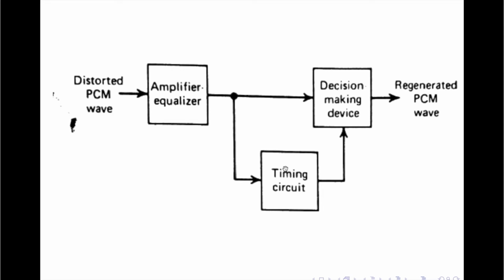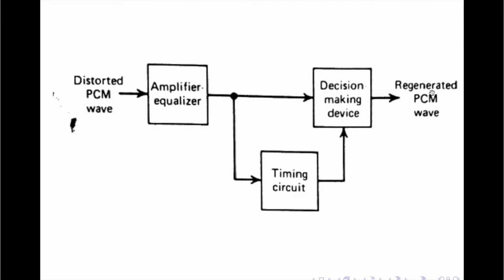This in fact forms the most fundamental idea behind the success of PCM. In simple words, every single repeater is going to analyze the received distorted PCM wave and is going to create a completely new PCM wave based upon the decision device. In practice, however, the regenerated PCM signal may differ from the original signal in two main aspects.